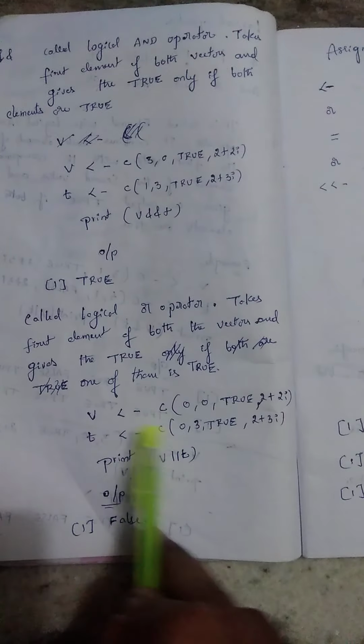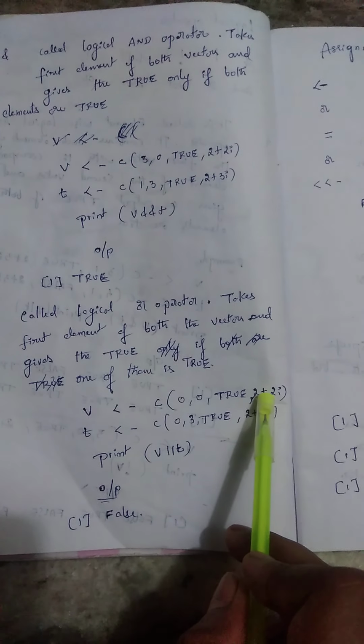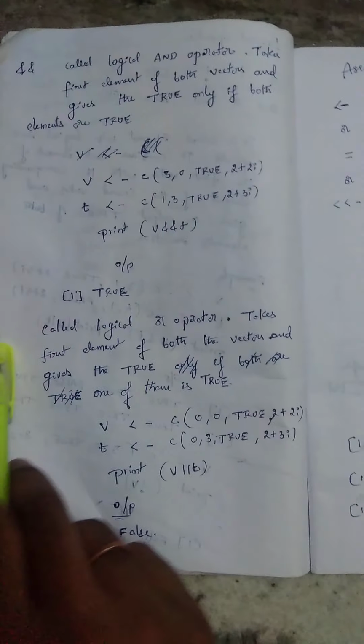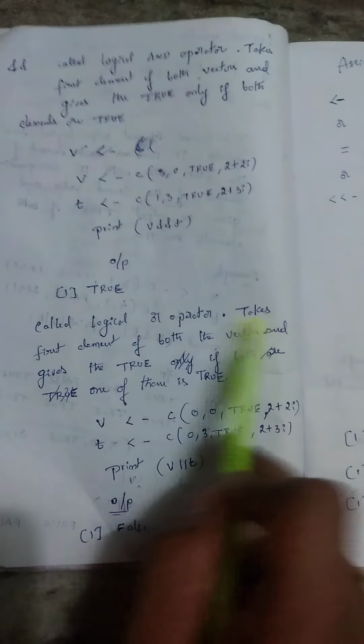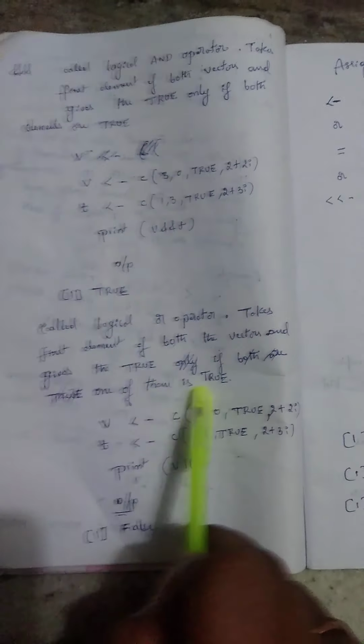In the OR condition, if any one is true, if one of them is true, it is an OR condition. The logical OR operator takes the first element of both vectors and gives true if one of them is true.